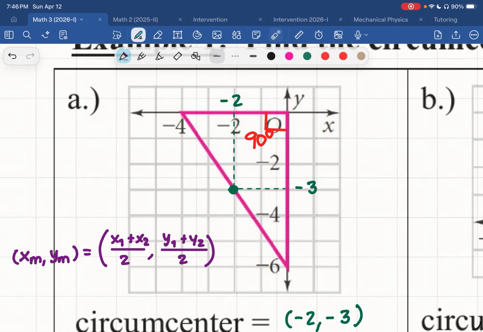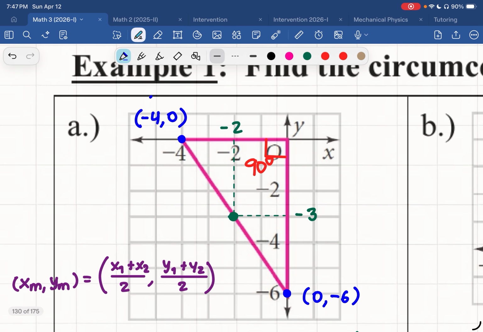So in this case, let me just do it like this. I'm just going to grab this point over here and this point over here, and I'm going to write the coordinates. What are the coordinates of this point? The coordinates of this point are -4, comma, how many in y? 0, right? And the coordinates of this point are 0 in x and -6 in y, right?